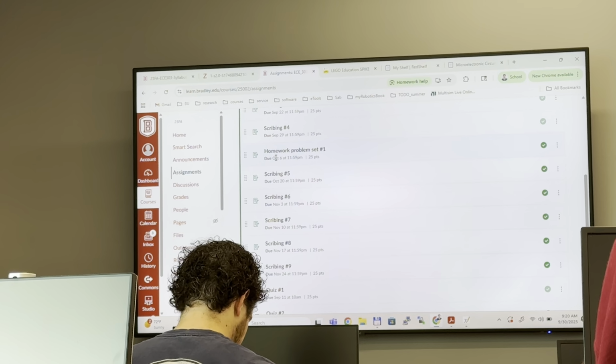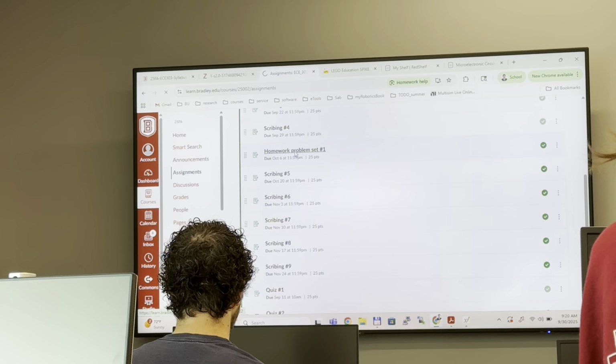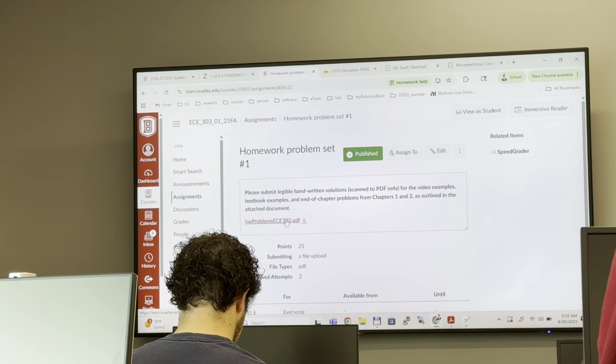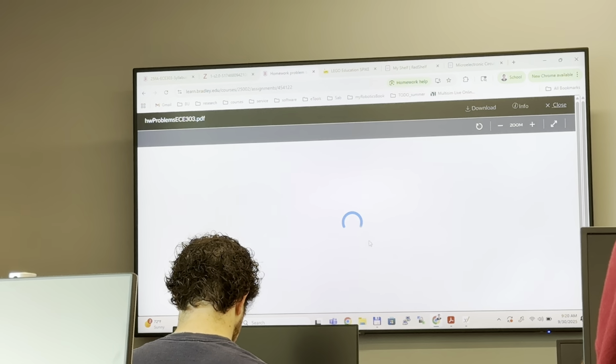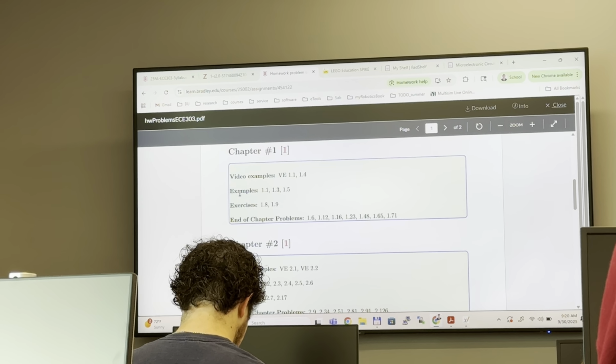you submit this homework instead of scribing. But this homework problem set that you see here has strongly recommended problems that you should go through. So video examples, I denoted like VE 1.1, 1.2, examples 1.1, 1.3, 1.5, exercise 1.8, 1.9, end of chapter problems 1.6, 1.12.